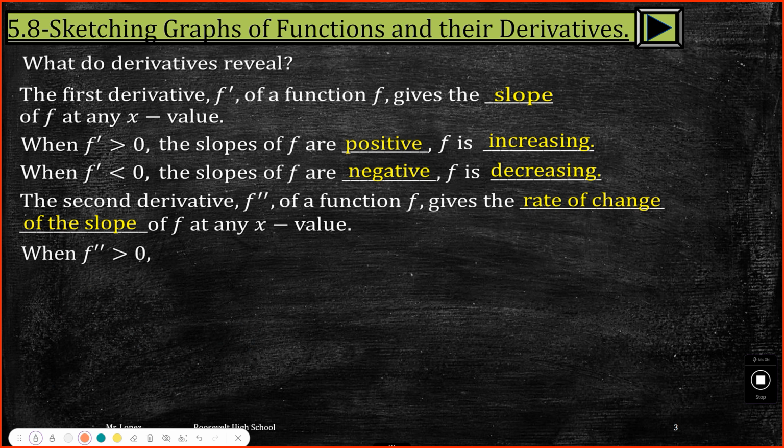So when f double prime is greater than 0, then we're talking about concavity. When f double prime is greater than 0, it's concave up.